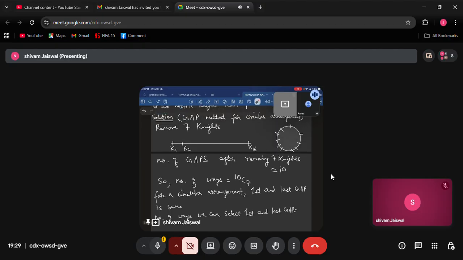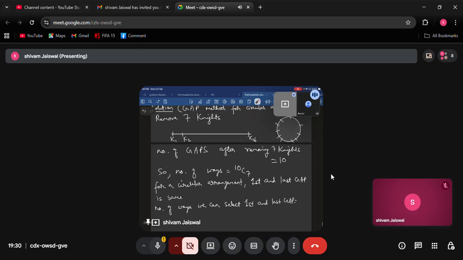What you do is you first of all select the first and the last gap. That can be done in 2C2 ways. That is one way. Next. Out of the remaining number of gaps, how many gaps you need to choose? How many gaps are remaining? 8 gaps are remaining.